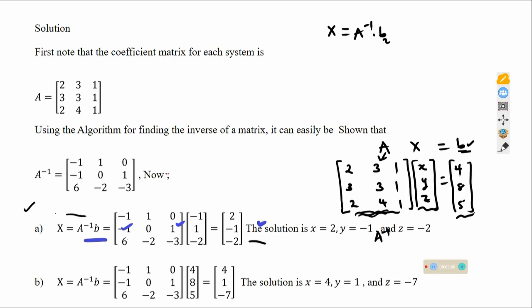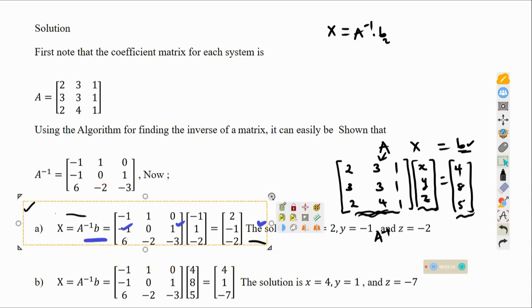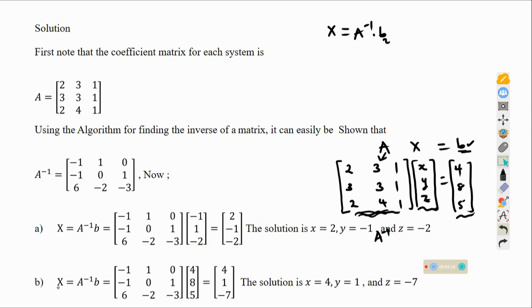So looking at part B, we are saying X is the same as A inverse times B. This is our inverse.